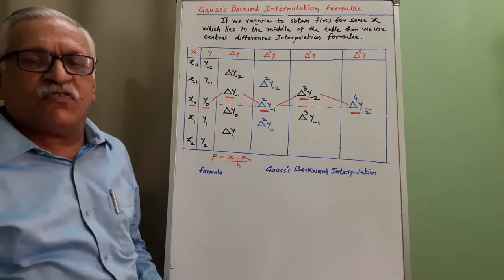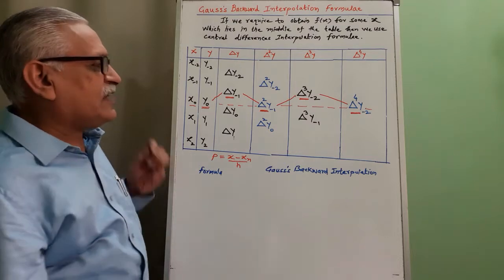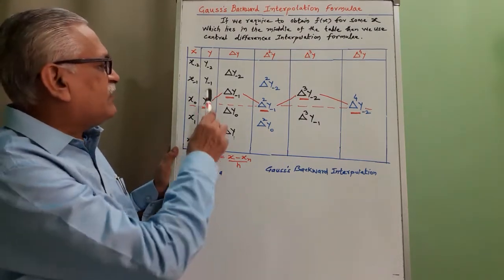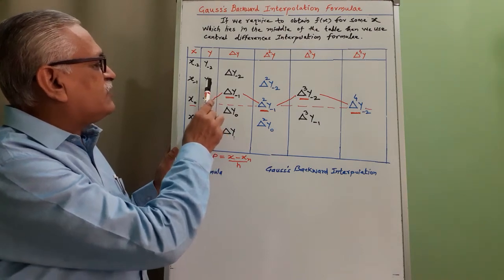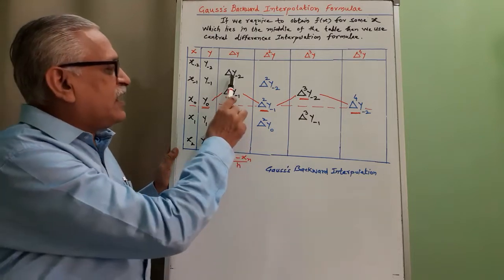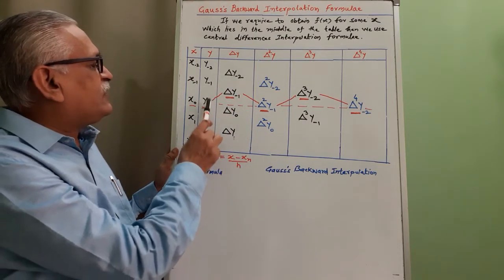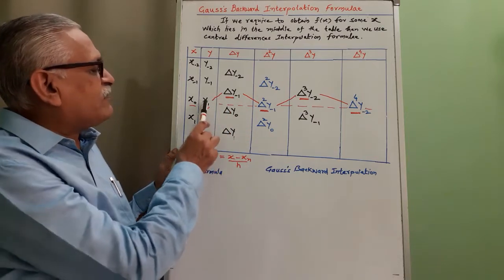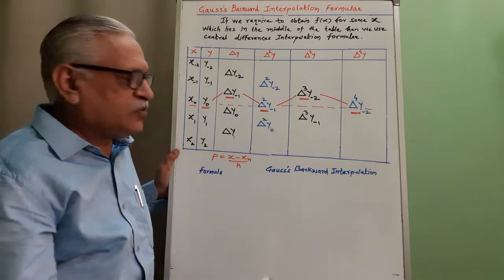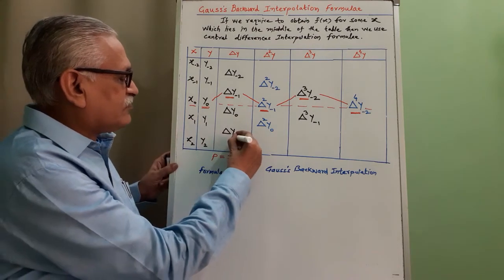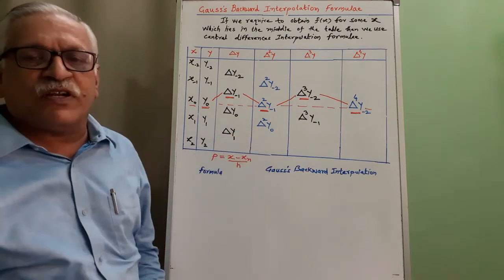Then we make a forward difference table, as I had discussed in the earlier video also. Same table, once again I will repeat here. It is y minus 1 minus y minus 2, which is del y minus 2; y0 minus y minus 1 as del y minus 1; y1 minus y0 as del y0; and y2 minus y1 as del y1. These are the first forward differences.